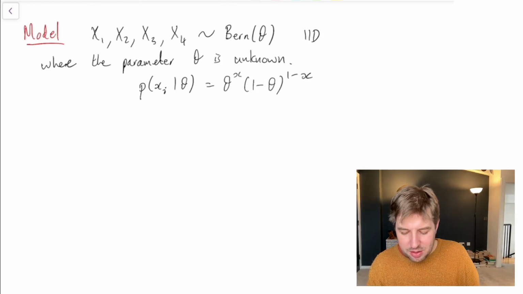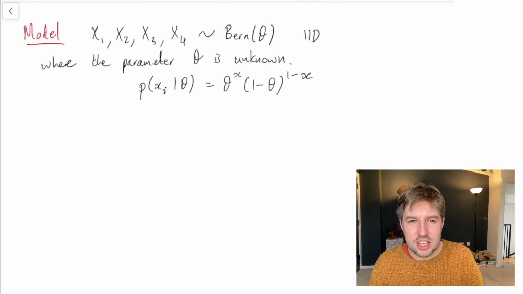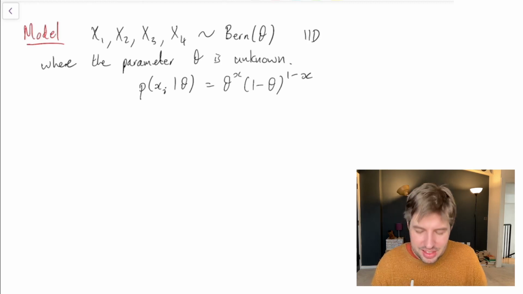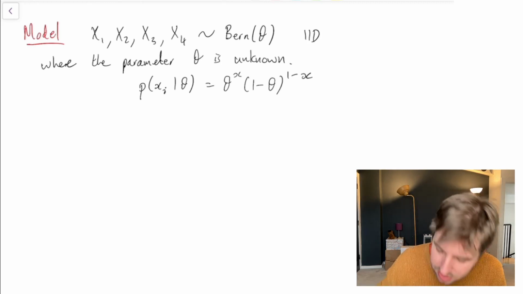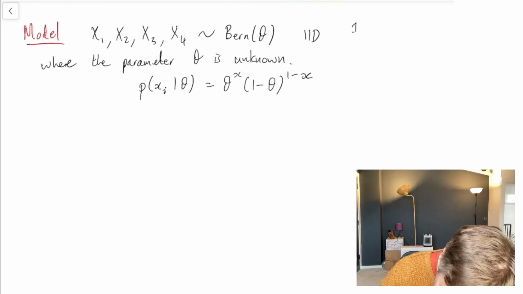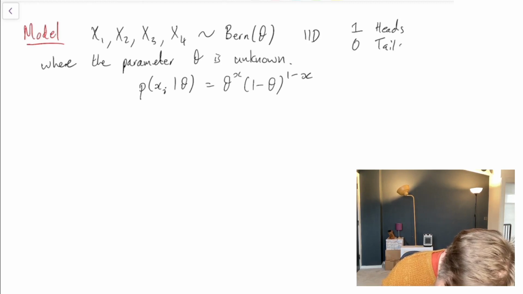Because if you put in x equals 1, that equation comes out as theta. If you put in x equals 0, that equation comes out as 1 minus theta. So hopefully you can see that really is the probability mass function for a single Bernoulli distribution. Maybe I should just note that 1 is heads, 0 is tails.